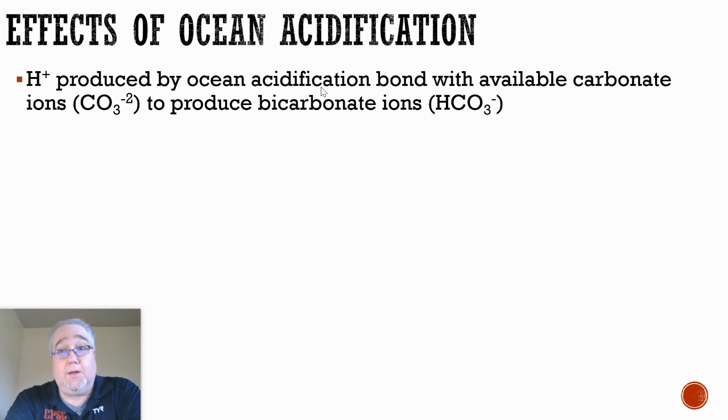What happens when you get an excess of those hydrogen ions in the water, and we do get that when carbon dioxide gets into the water, is they end up bonding to those carbonate ions. They end up bonding to the very ion that is needed by some of these marine organisms in order to make their shells. So whenever this ion bonds to hydrogen ions, it produces something called a bicarbonate ion.